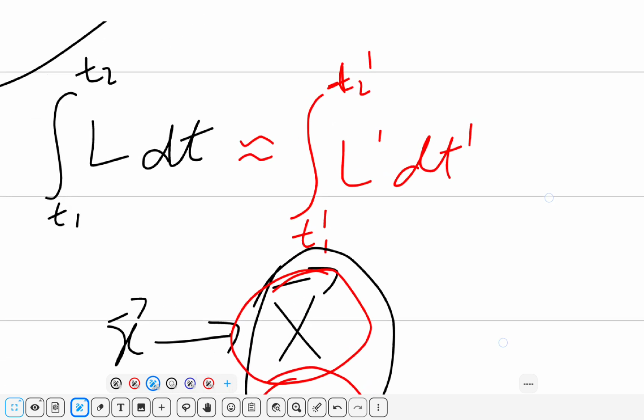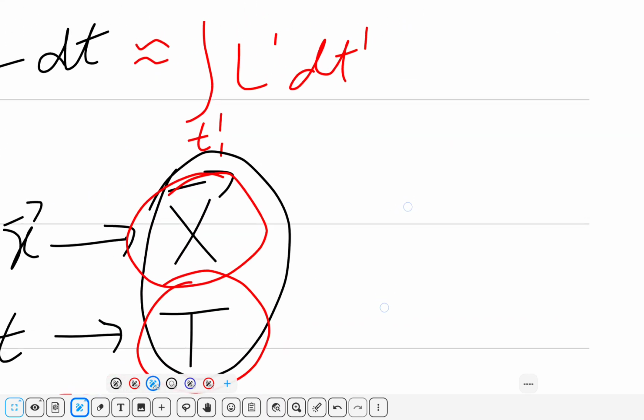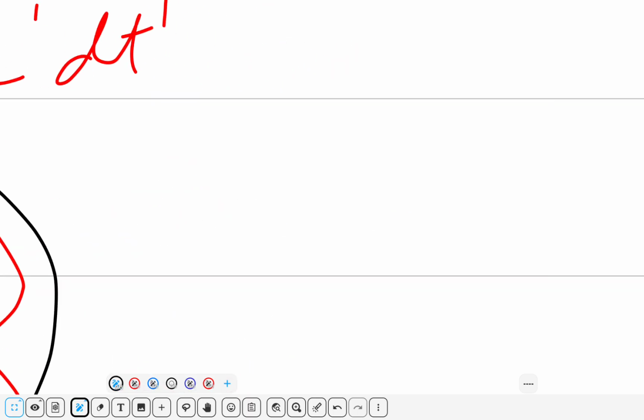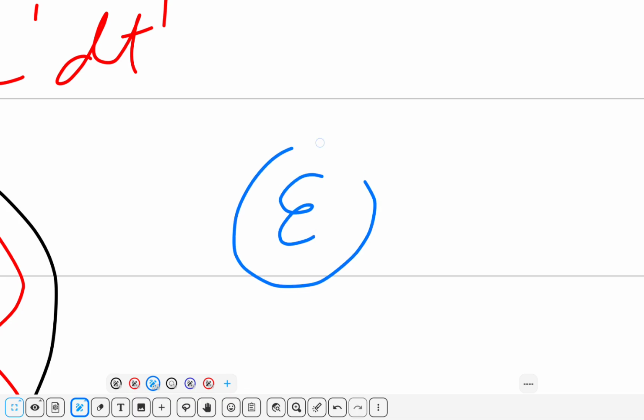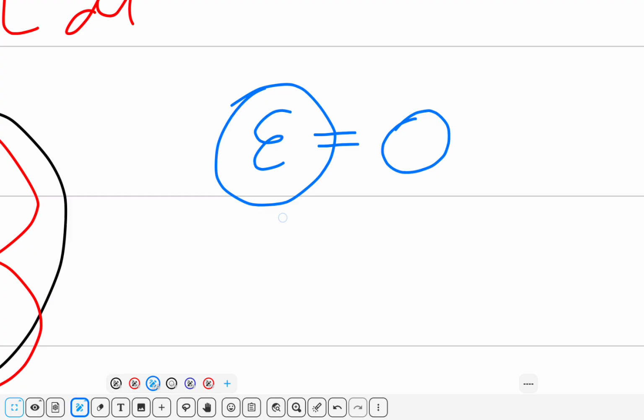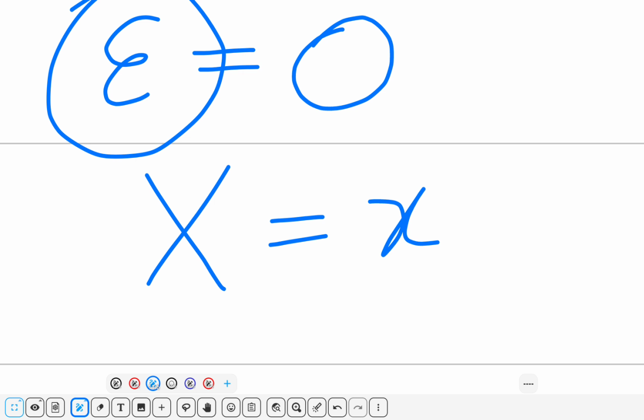So what I mean is, let's say there is some kind of parameter called epsilon. When the parameter is 0, whichever translation you did, your coordinate hasn't been translated.